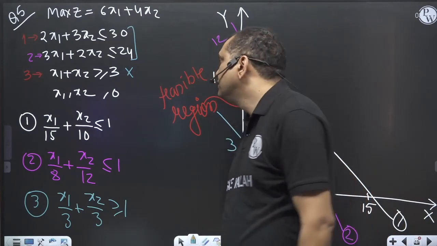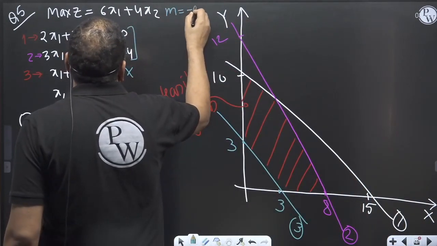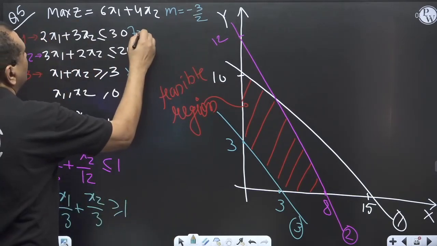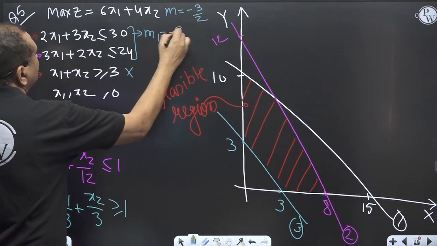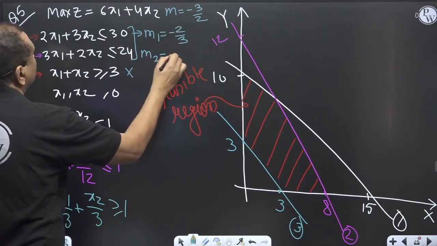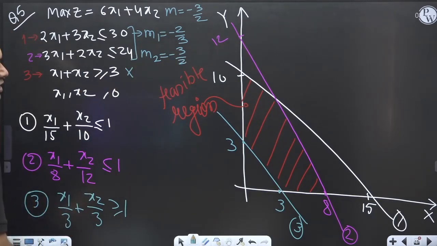So the slope here is minus 3 by 2. Slope of this is minus 2 by 3. And the slope of this is minus 3 by 2. Slope of the second constraint is minus 3 by 2.